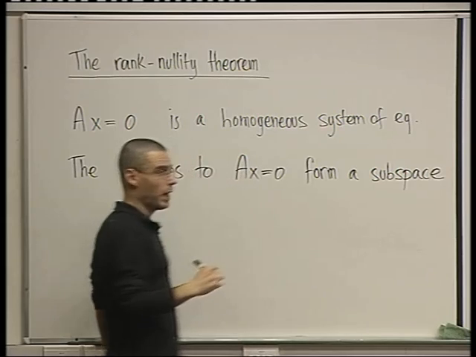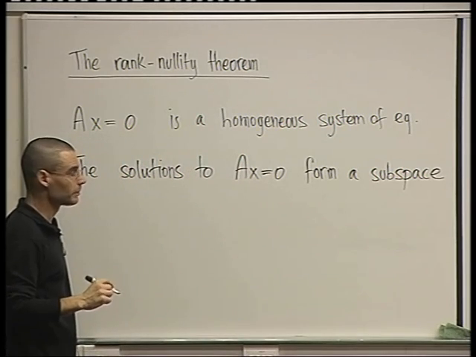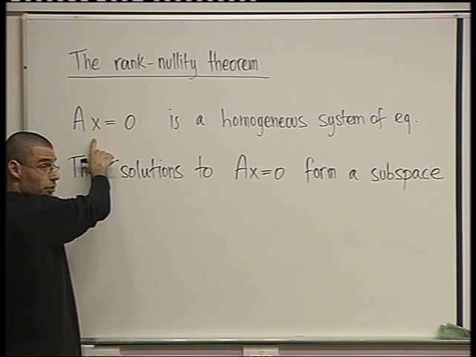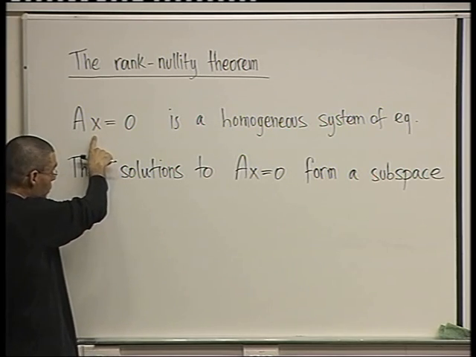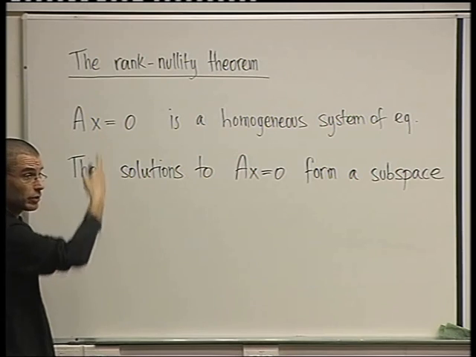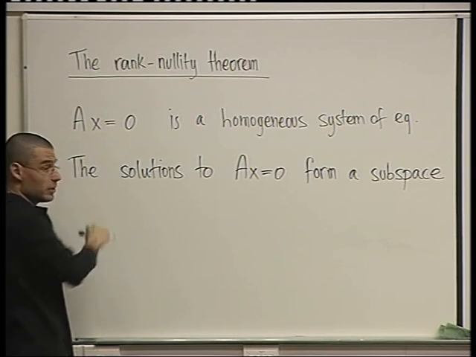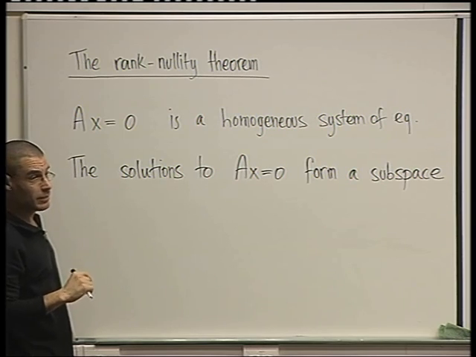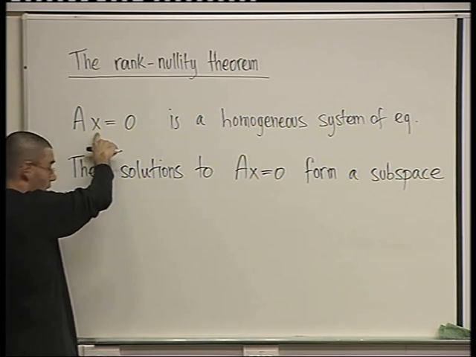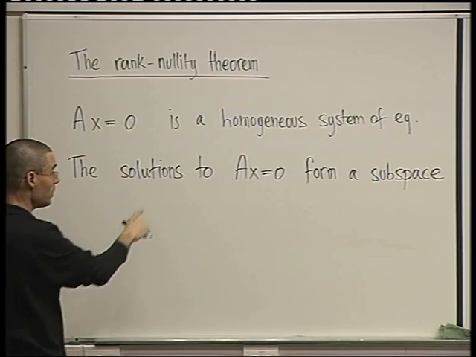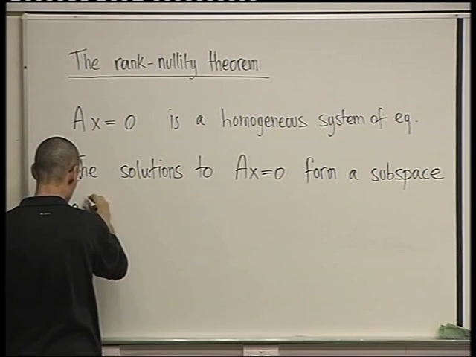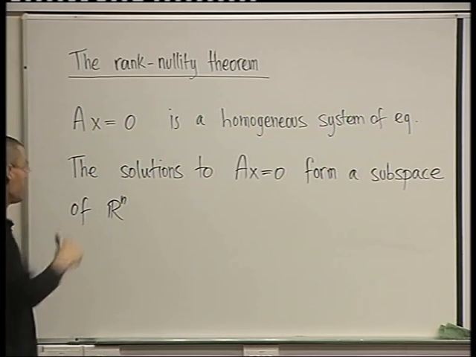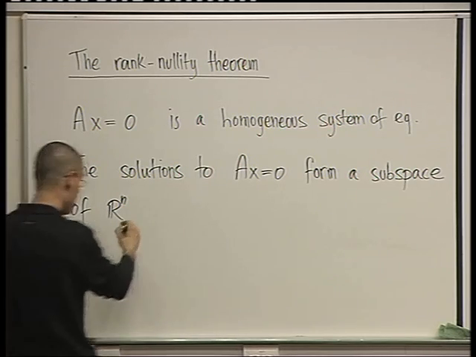A subspace of what? The matrices? No, the solutions are vectors. In fact, written like this, usually we think of them as column vectors. And how many entries do they have? We called it n, right? It's the number of unknowns in this system. So they form a subspace of, let's say, Rn, unless the system is over C, in which case it would be Cn.